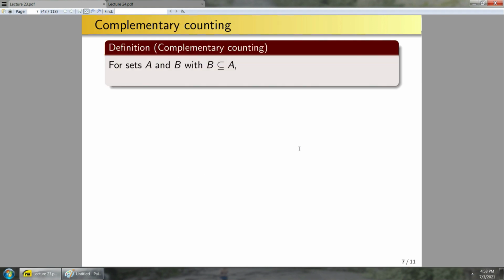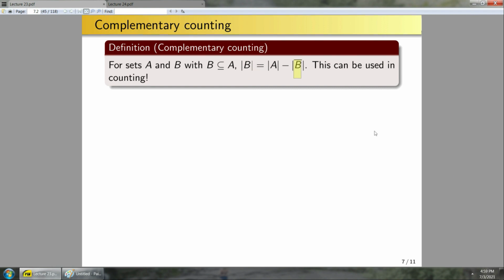So for sets A and B with B as a subset of A, this is a true statement. A good exercise would be to prove it. It's not too difficult to prove, but I digress from there. This can be used in counting. So in counting, there are many problems such that the original problem, say B, is not very nice to count, but its complement, B complement, would be easy to count.